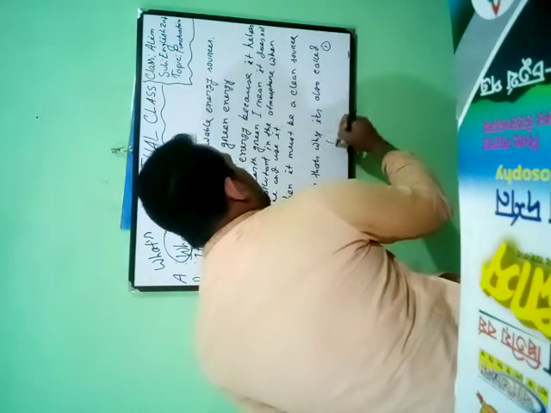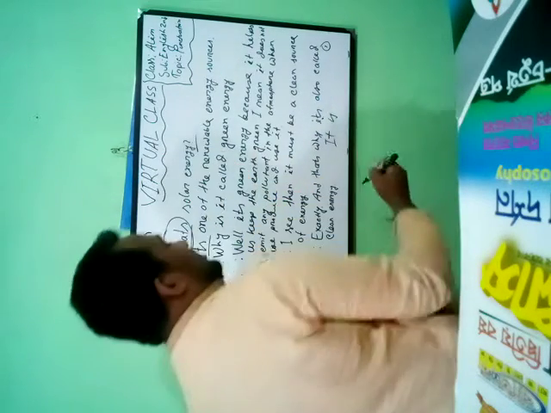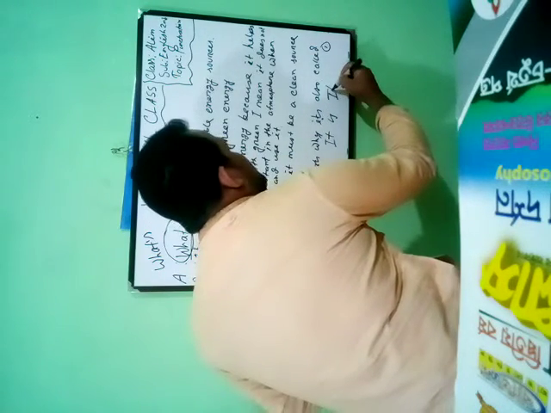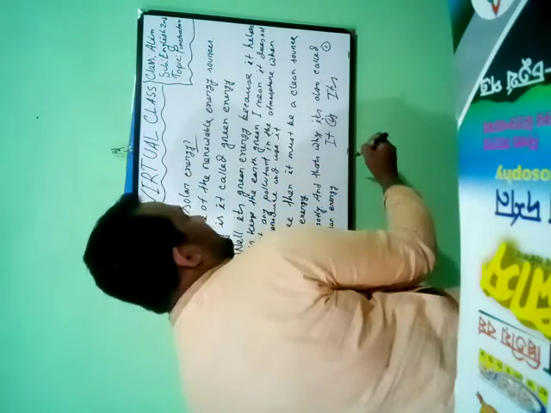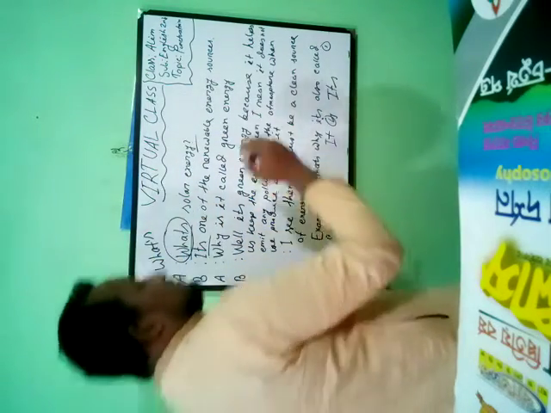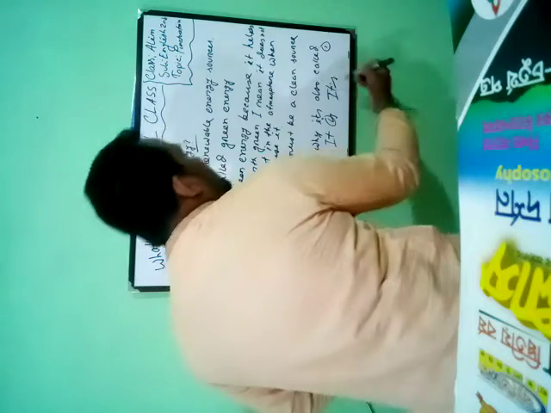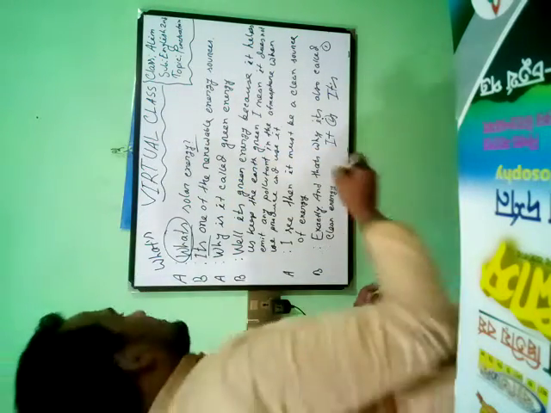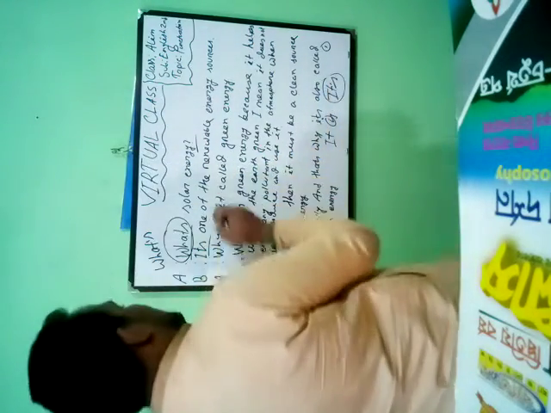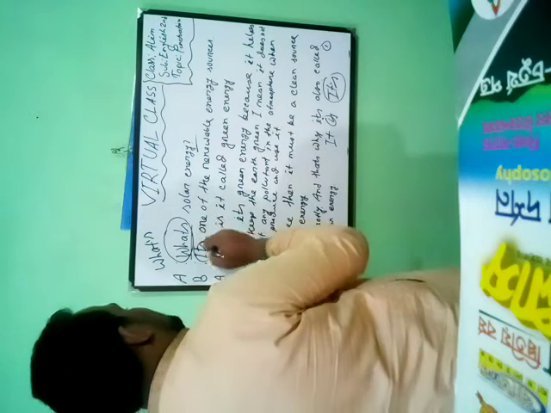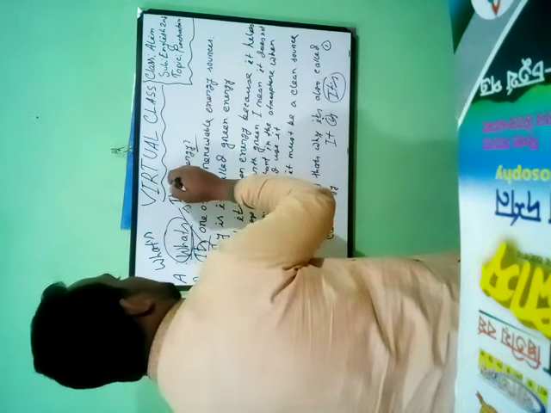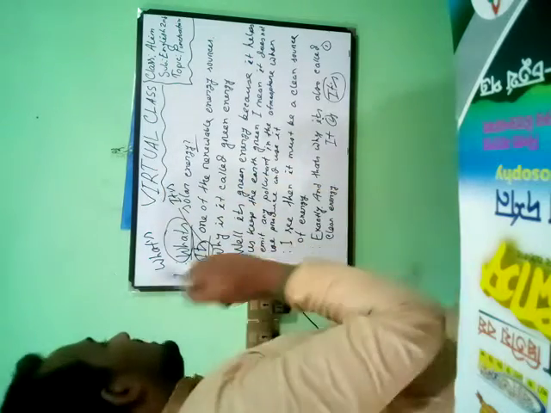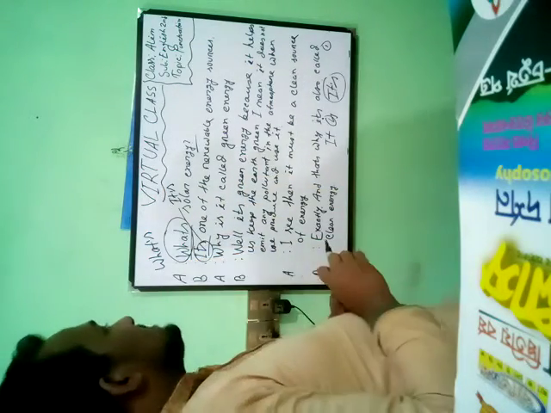It is, and this has been written as "its". The i has been omitted, and for this omission you have to put an apostrophe. So the answer will be: I-T apostrophe S, it's. It's one of the renewable energy sources.